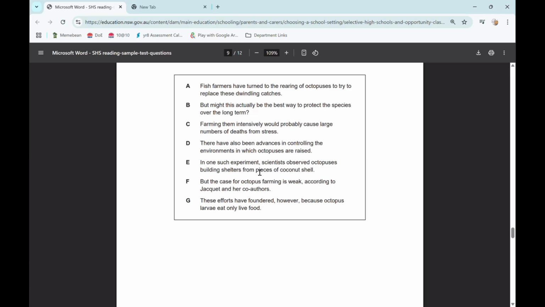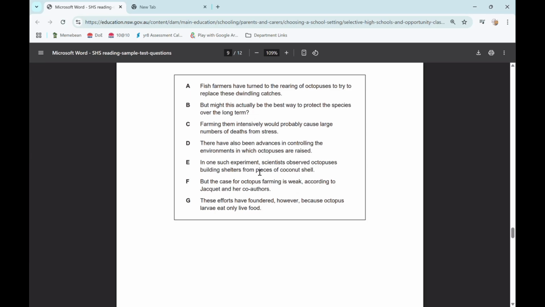B, but might this actually be the best way to protect this species over the long term? B references something that has not been mentioned yet in this text. It says might, and the second paragraph has yet to mention a way to protect the species. So it can't be B either.